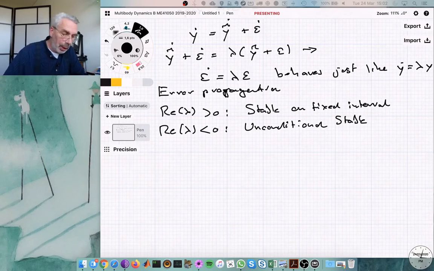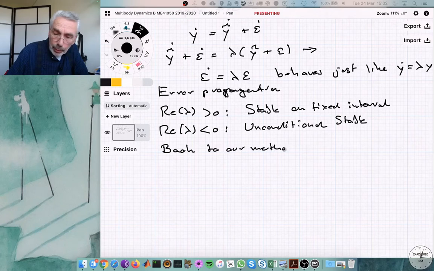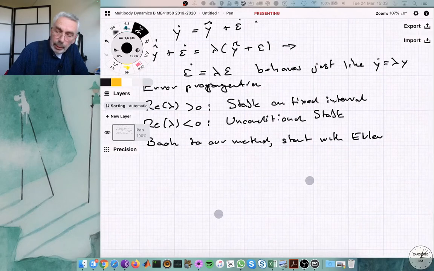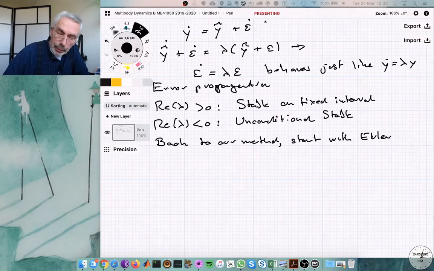Okay, now back to the method, because we now have a test equation, we now know how this error behaves. So now we're going to go back to our method, and we start now with the Euler method, and then we're going to look at this error propagation. So now we have to look at this differential equation, right? So we use epsilon dot is lambda times epsilon, and we're going to use the Euler method.